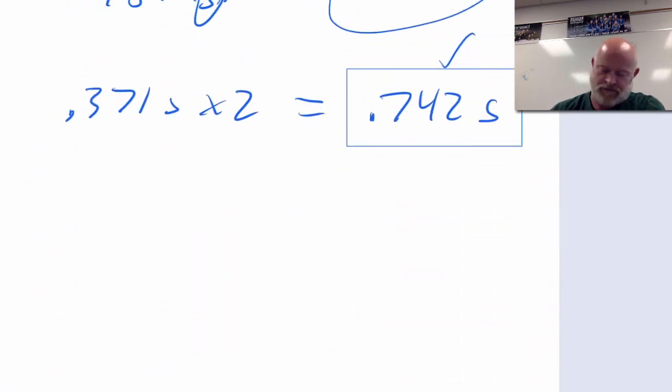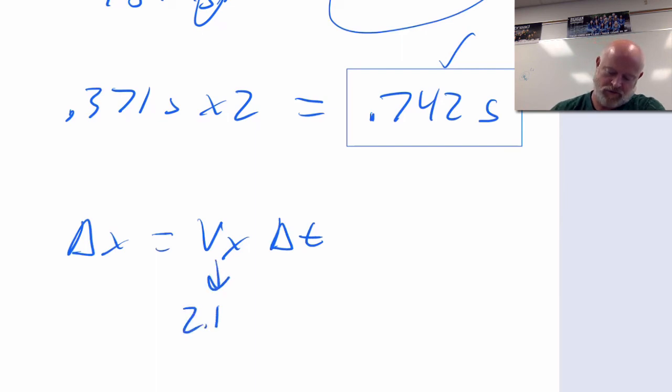We know that delta x is equal to the velocity in the x direction times my change in time. Well, Vx was 2.1 meters per second. We solved for that previously. My time we just solved for, so that's times 0.742 seconds. And meters per second times seconds cancels, so we end up with meters as my label.